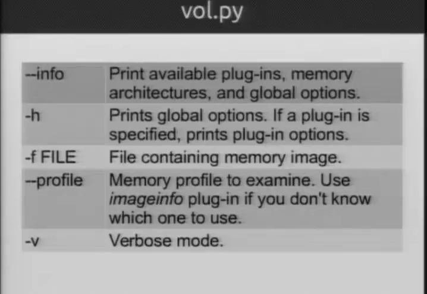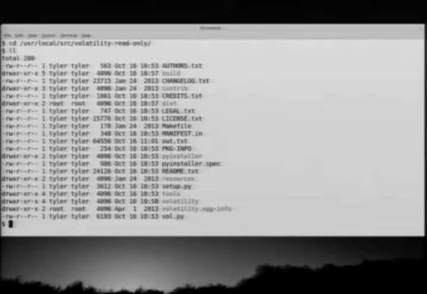To run Volatility, you download the archive and install it, which is pretty simple. Just to show you how easy it is to install. Hopefully everybody can see this? Good. This is the source code repository that I had updated earlier today.